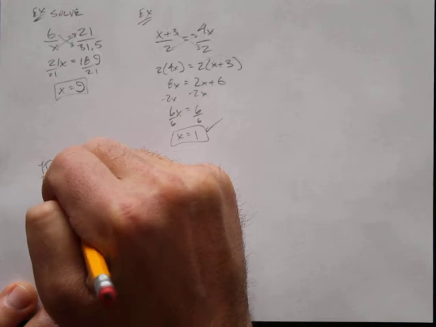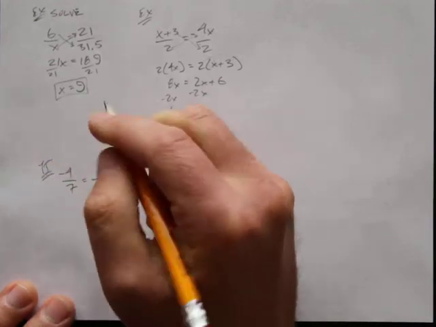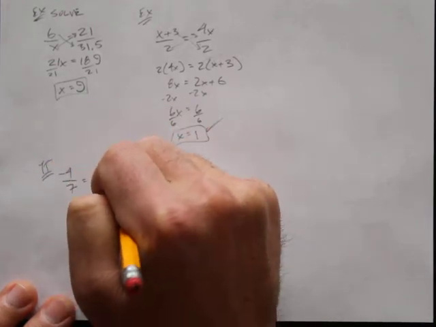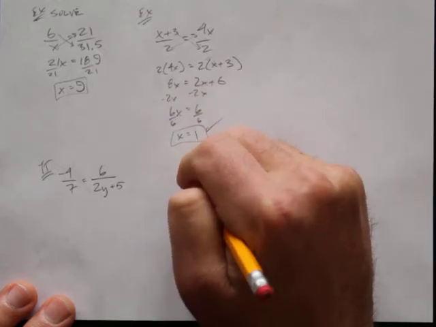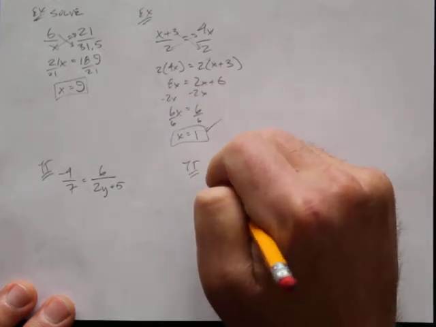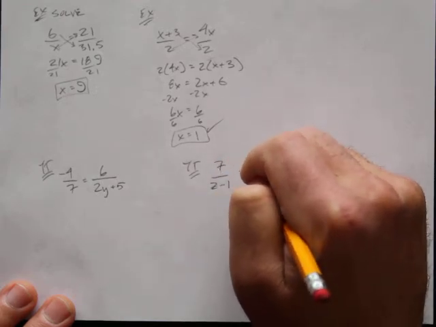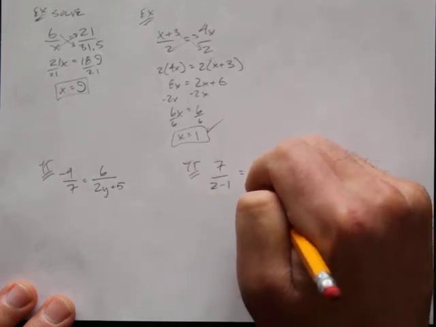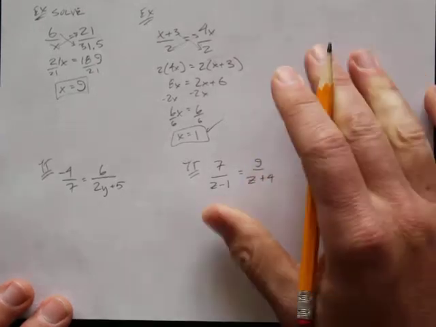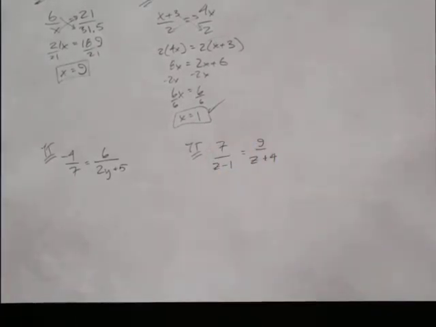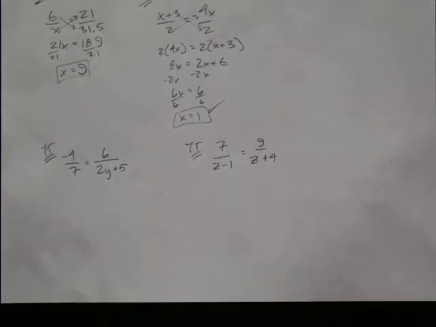Negative 4 over 7 equals 6 over 2y plus 5, and 7 over z minus 1 equals 9 over z plus 4. All right, two kind of gross looking ones, but these are the u-tries that I have chosen for you. Go.